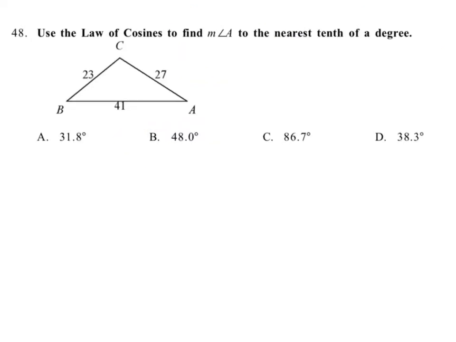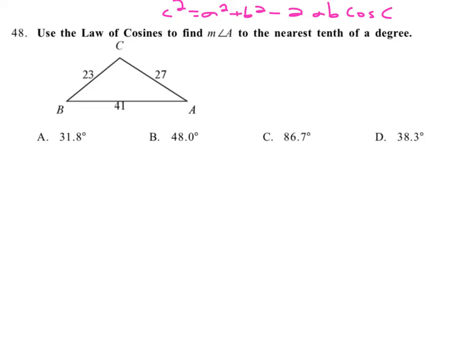Okay, here we're finding an angle. So we're going to write the same thing out, but it's going to be a little bit more complicated. It'll take a bit longer. So we'll say C squared equals A squared plus B squared minus 2AB cosine C. And when we plug those numbers in, how do we know what is the C value that is going to go on the left-hand side?